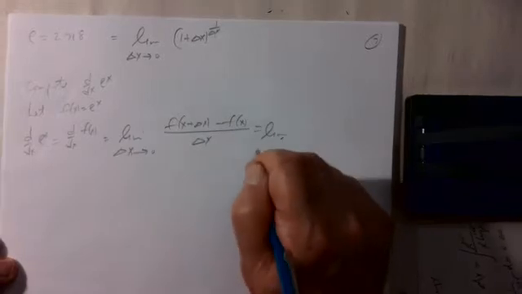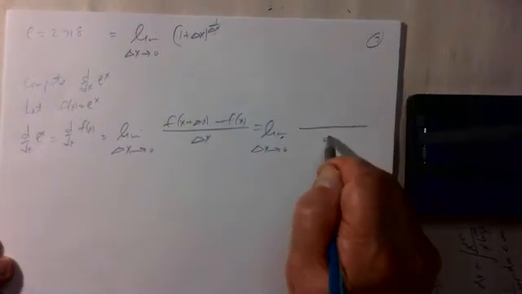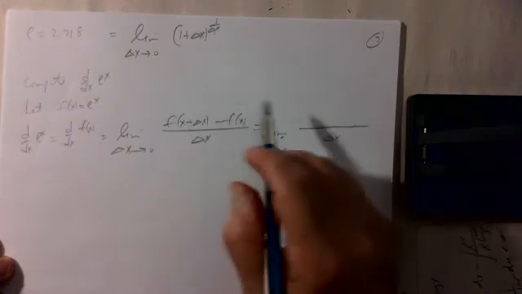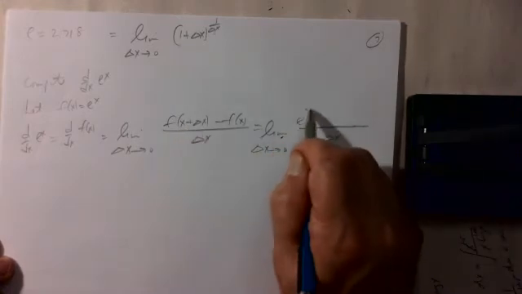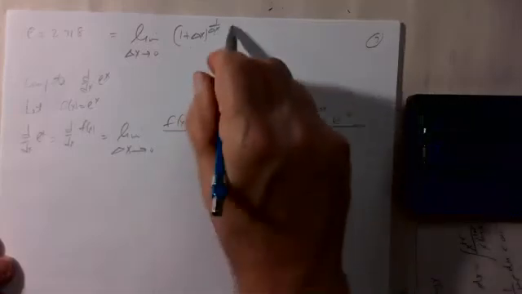Here f of x plus delta x is e to the x plus delta x, and f of x is e to the x.